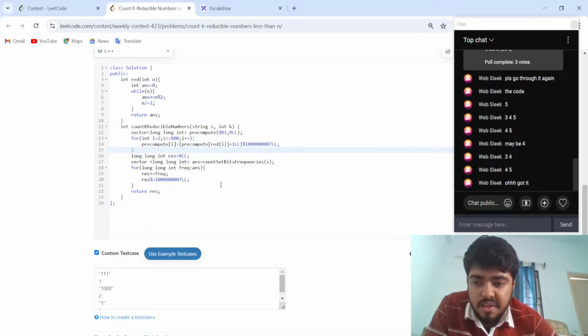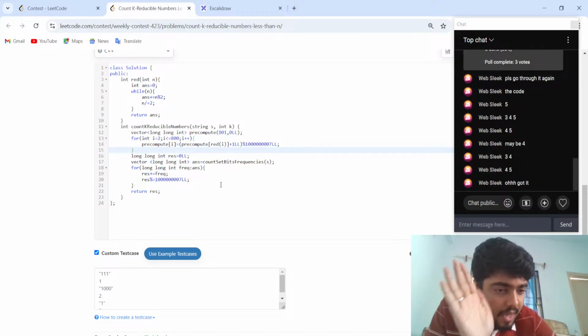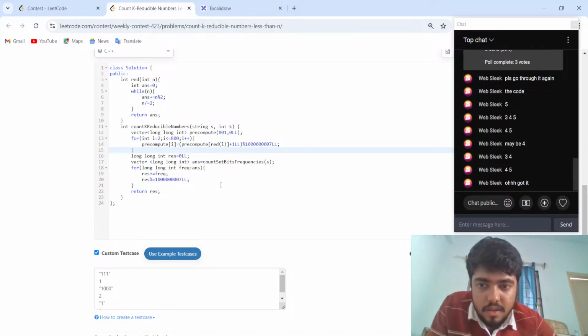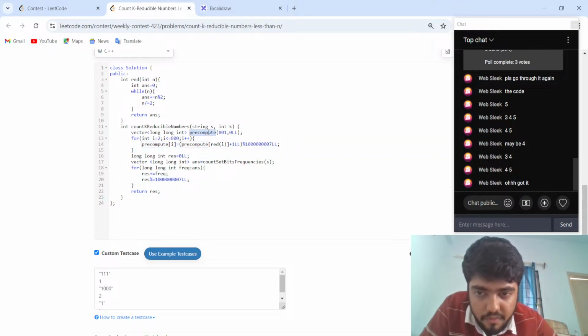If there are x number of set bits in a number, now we know how many times we have to perform the operation so that it reduces to 1. We have this in the vector called pre-compute.